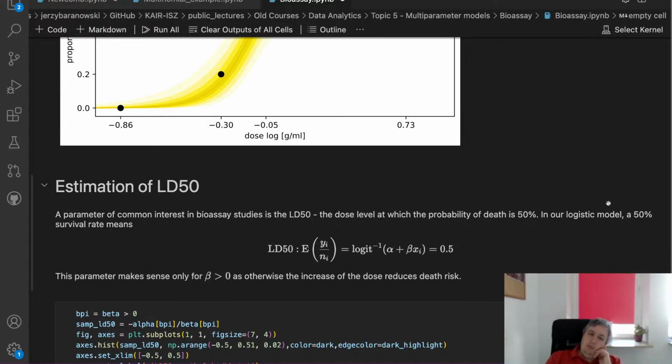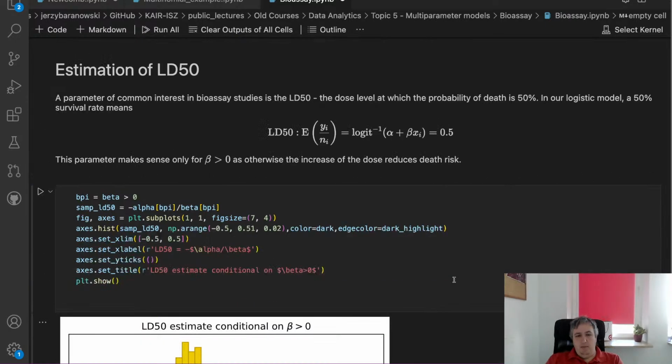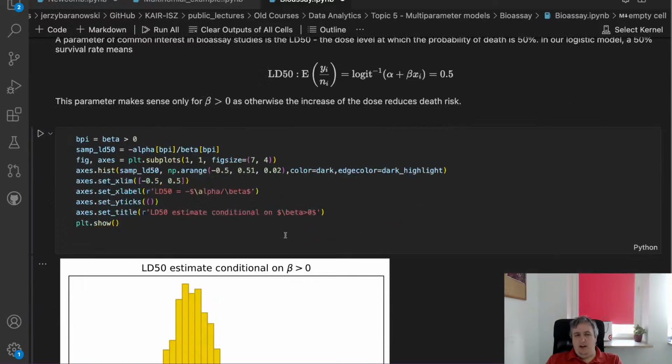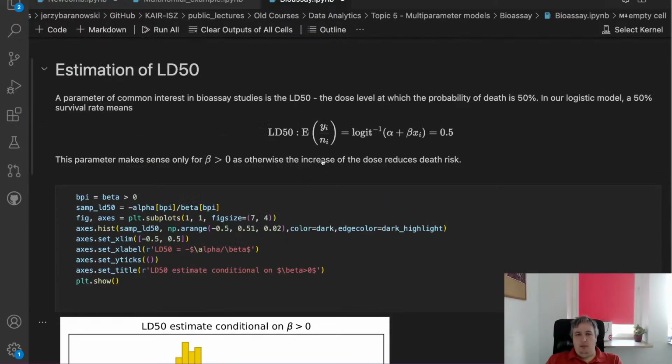This can be easily computed from our logistic model because we already have all the parameter values. So we just want to compute the expected number of deaths using our alpha and beta. We select only positive beta because the relationship makes sense only when increasing the dose actually increases the lethality.